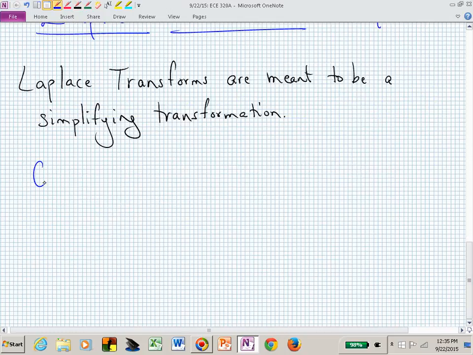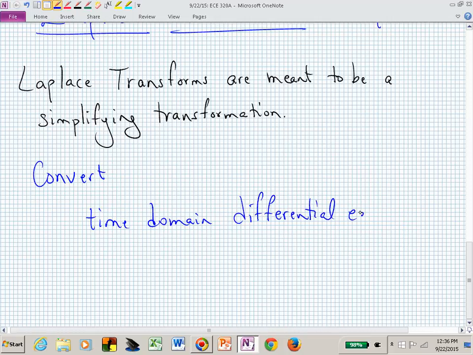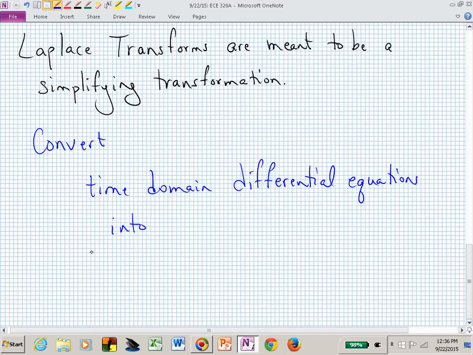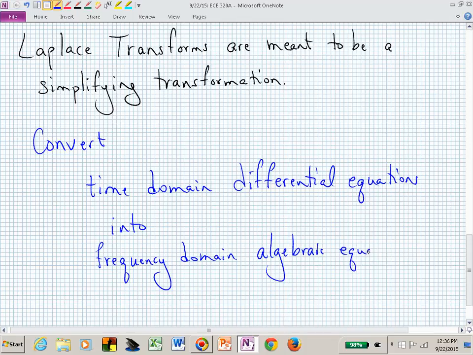What we're doing then with the Laplace transform is we will convert time domain differential equations into frequency domain algebraic equations.